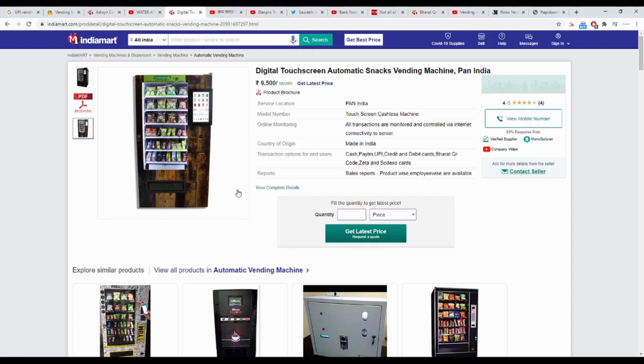For any proper information, you have to contact these companies and check with them their pricing and their technical specifications. We are here just looking at some examples of the various kinds of machines available, and what the general problems are with those vending machines.